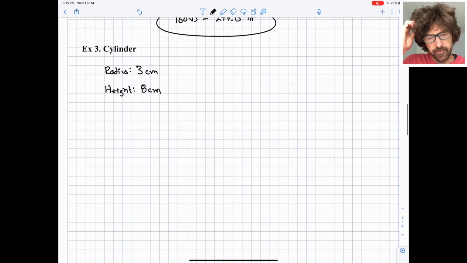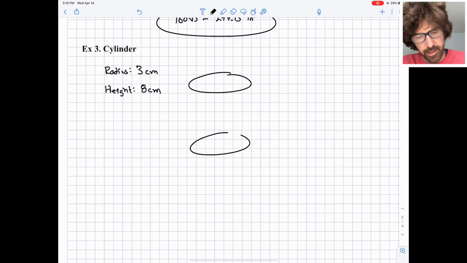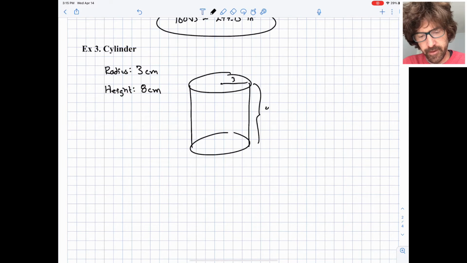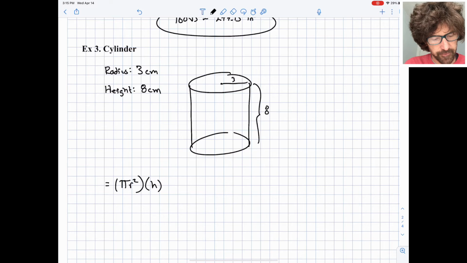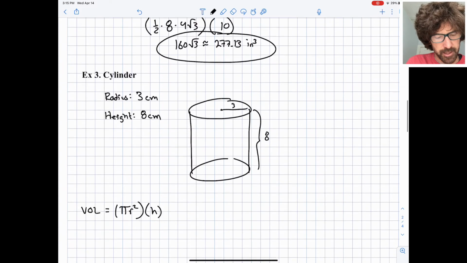For the cylinder, we have a radius of 3, a height of 8. Sometimes it's nice to just do a quick sketch so you can visualize what you're looking at. So radius of 3 and a height of 8. Let's find the area of the base first. That's going to be pi r squared, and then that's going to be multiplied by the height. So my full volume is going to be pi r squared times the height.